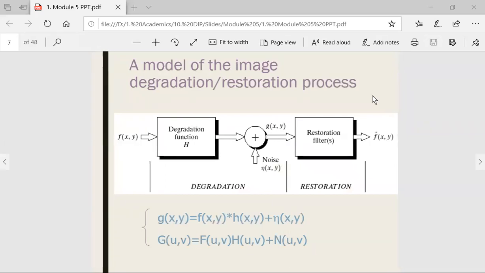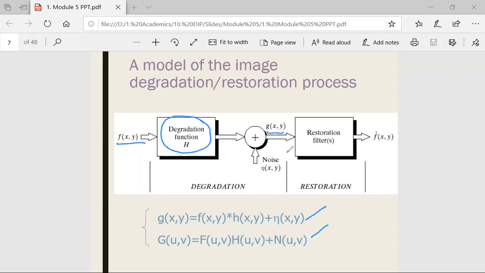Now the pictorial representation of the previous equation. We have already seen this equation for the spatial domain. This one is for the frequency domain. These two equations. f of x comma y is the original image. We're going to degrade it with a degradation function, which we denote by h. Then you're going to get g of x comma y.